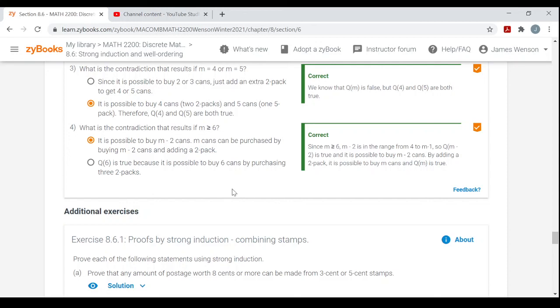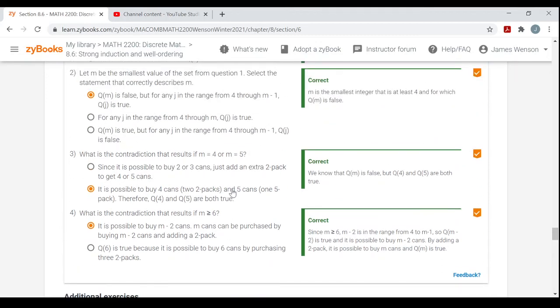And with all the base cases and the inductive step, you'll have shown that the statement is true for all values greater than a certain value. Which you could also prove with the well-ordering principle. Right? You assume by contradiction that the opposite is true, and then apply the well-ordering principle to the set of integers that make a statement false, as was done here in this activity.